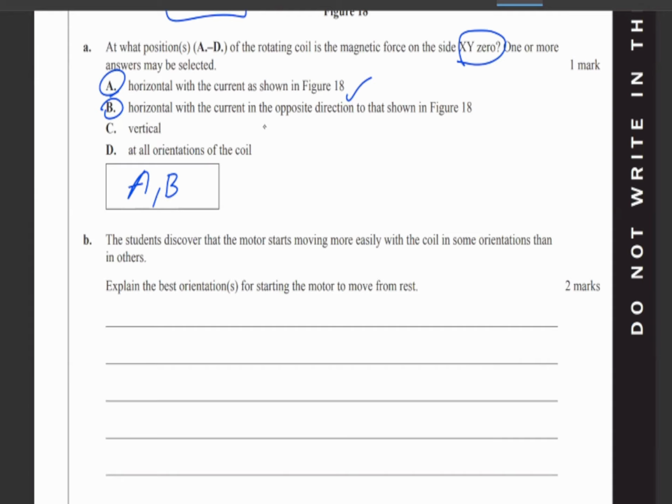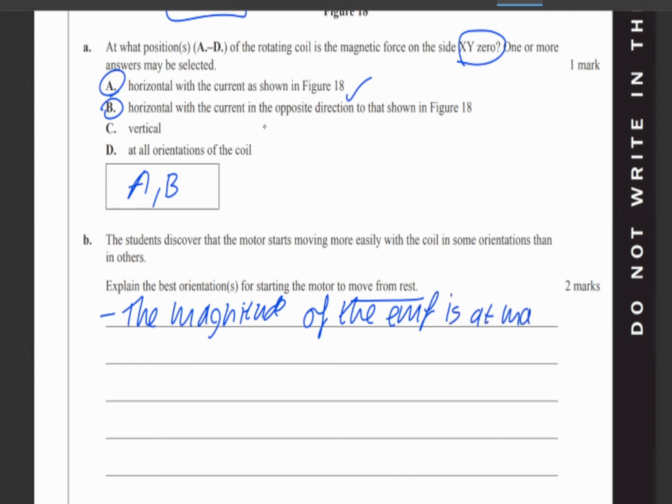The motor moves more easily when the coil is in some orientations. Again, I'll explain the orientation for moving from rest. So it's when the magnitude of the EMF is at max, is horizontal.